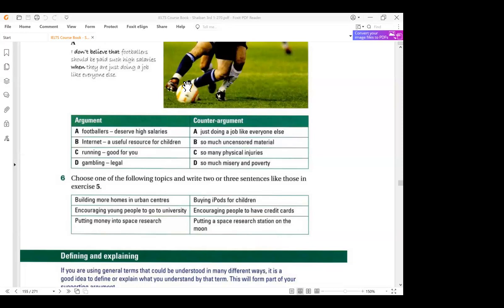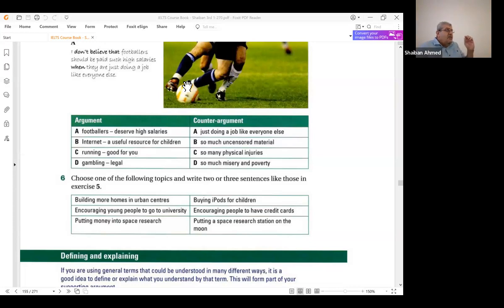Okay, when this money can be used in other investments. I don't believe putting money into space research when this money can be more useful in other places. Just try to make the idea clear not only in your mind, but when I read it, it's clear. That's it.